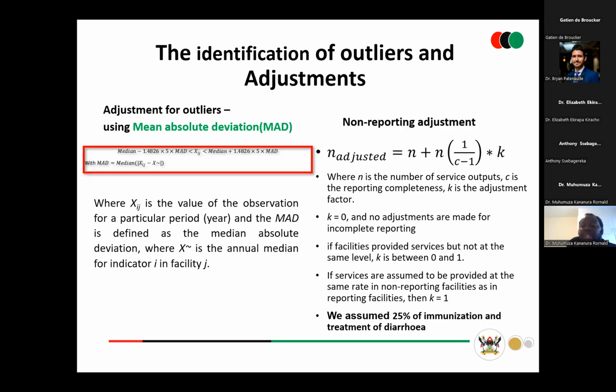And so we used an adjusted proportion of 0.25, or 25%, as the proportion of private facilities that don't always report in the DHIS2.